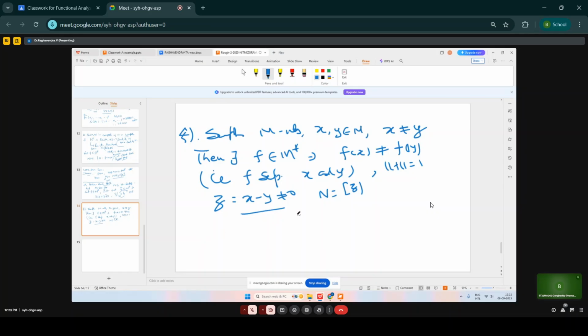Now you define on N, this is nothing but the set of all alpha z such that alpha is in scalars. So you define f of alpha z equal to alpha. This is linear continuous. Therefore, f belongs to N star.